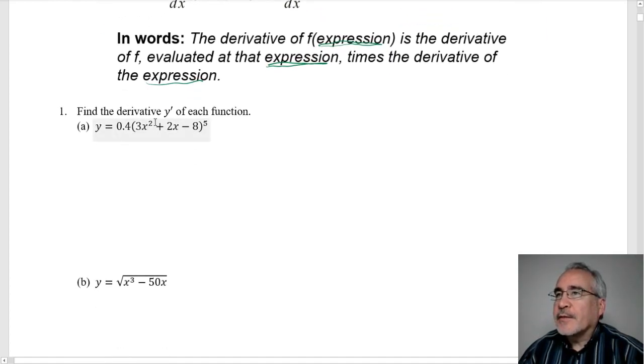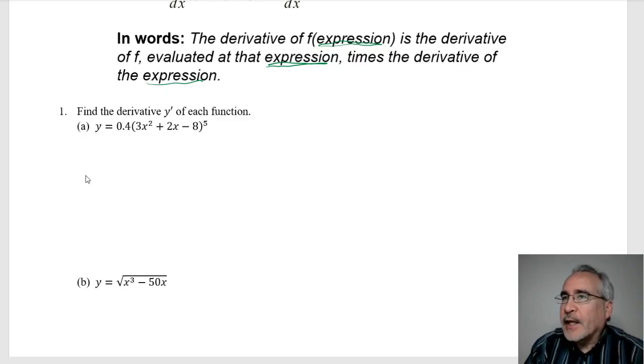So the first one is to find the derivative of this function, which they're calling y. You could call it f of x if you want, but we could use this prime notation. We're going to take this derivative. What we notice is that there is an inside part. Now, the parentheses is usually going to signify an inside part with an outside part. So this is like some function, say u to the 5th power.